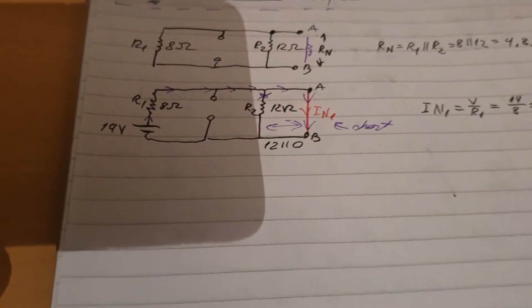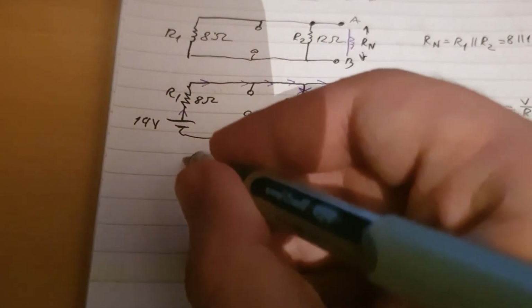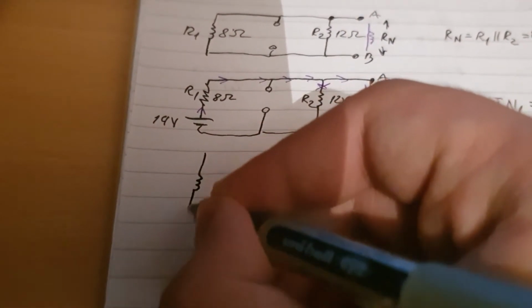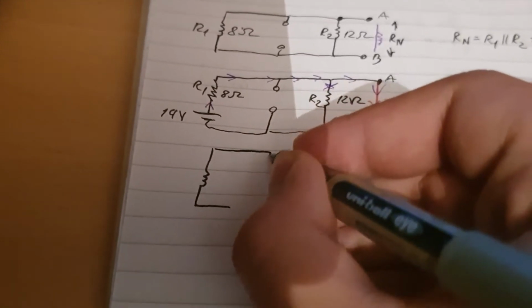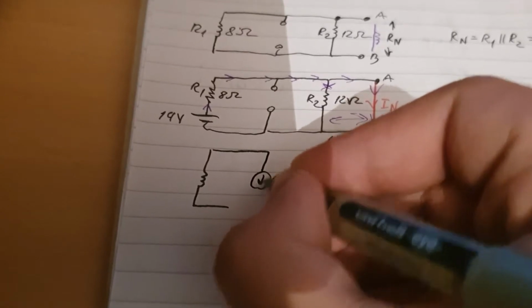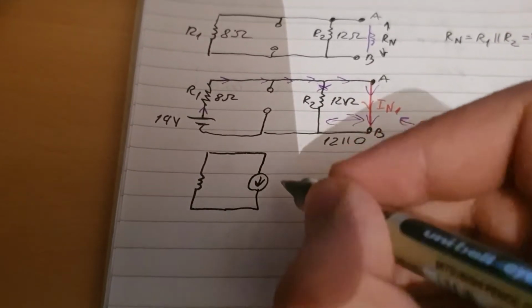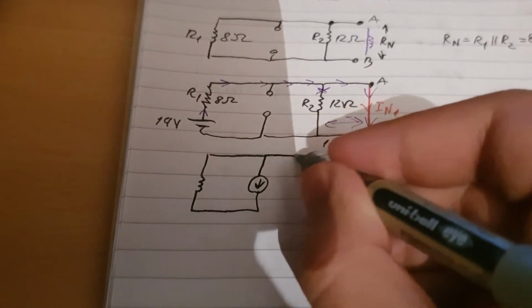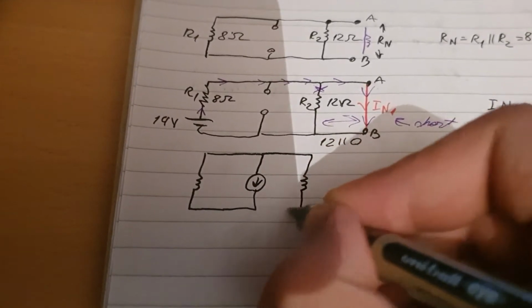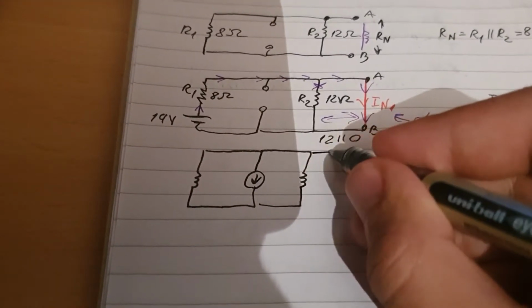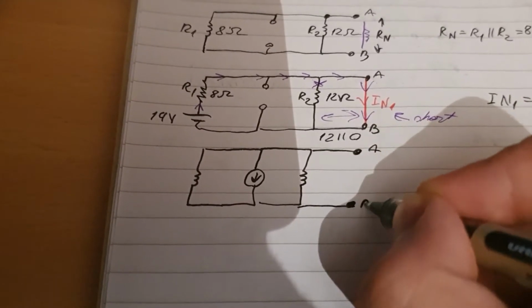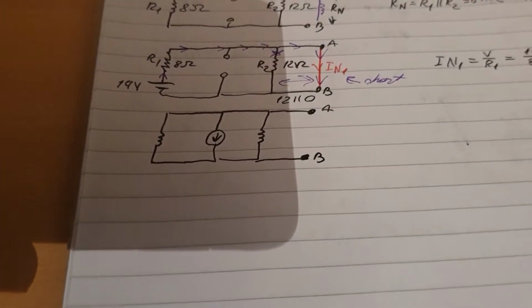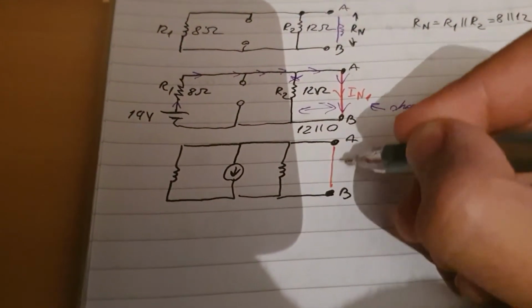Alright, now let's go to the next source, which will be the current one. So there will be one resistor, it's a short circuit, so there will be nothing else. Then there's this one here, the current source. Then there's another resistor here, the 12 ohms, R2. And again, point A and point B. Let's use the red pen again.